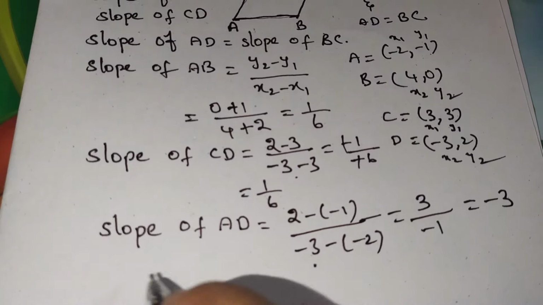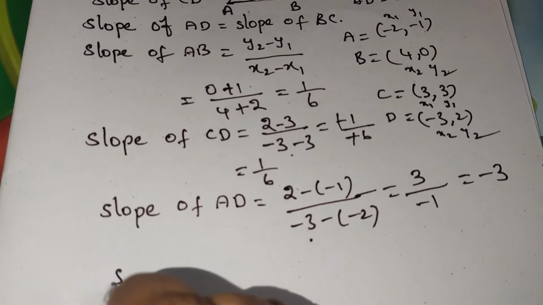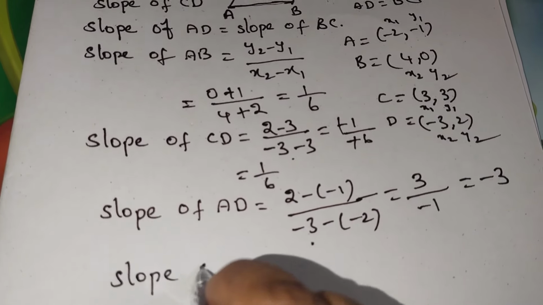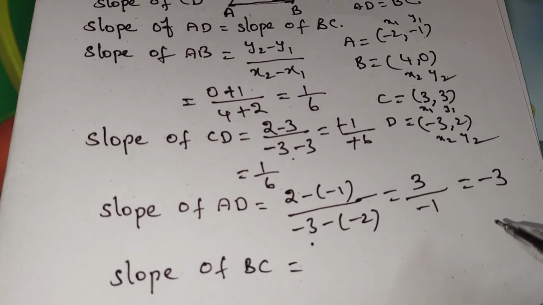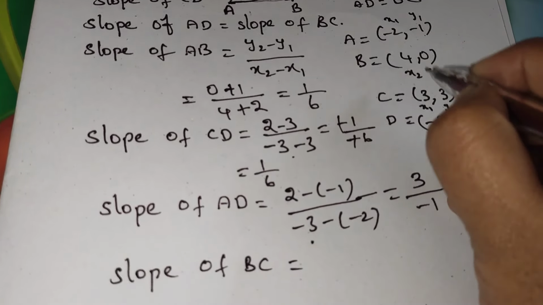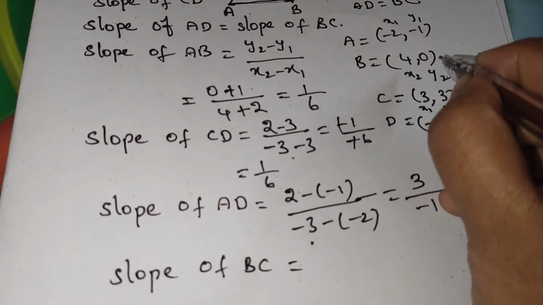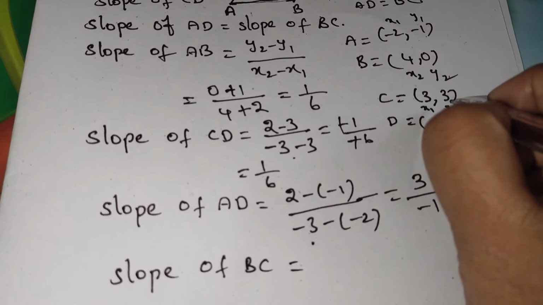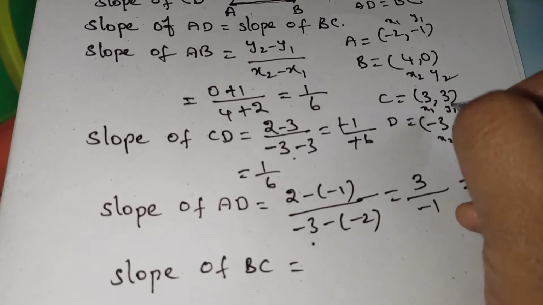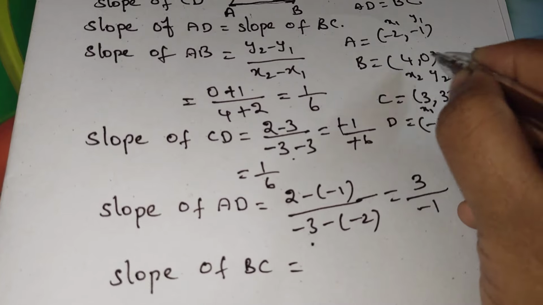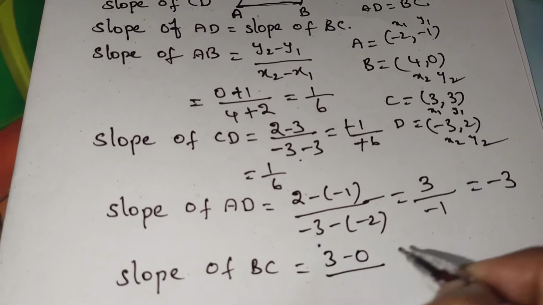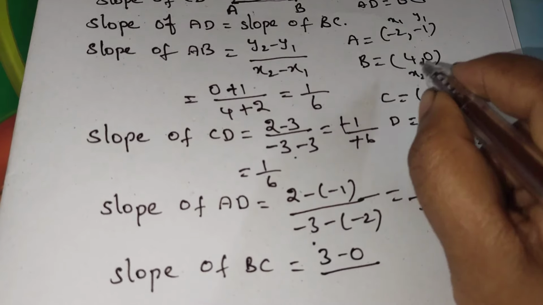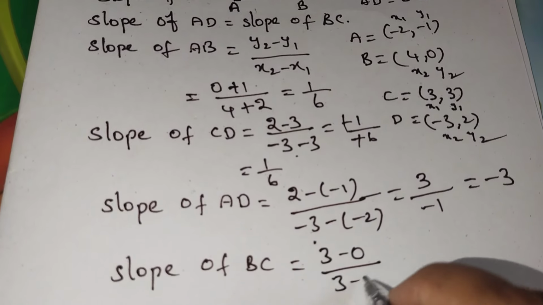Next, the slope of BC, y2 minus y1 by x2 minus x1. Here I am taking B as x1, y1 and C as x2, y2. So y2 minus y1, 3 minus 0, divided by x2 minus x1, 3 minus 4.